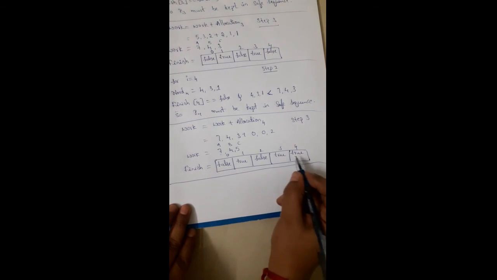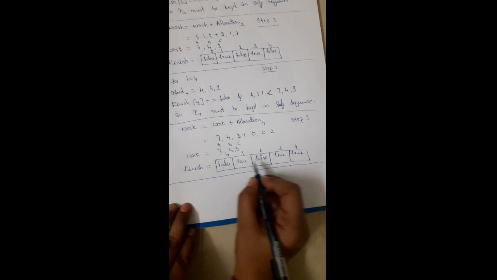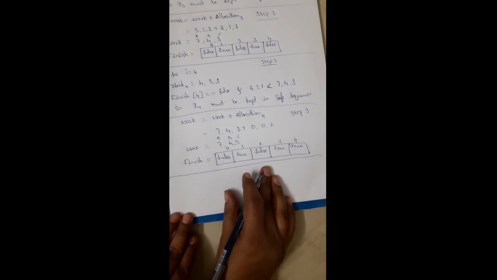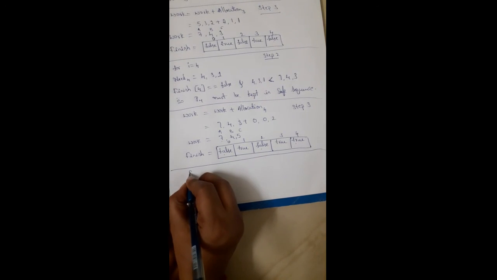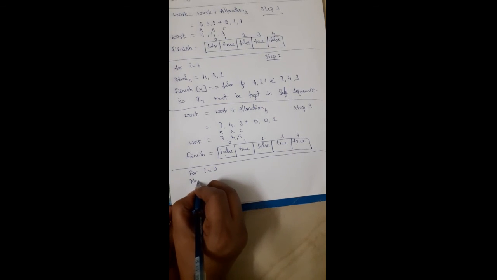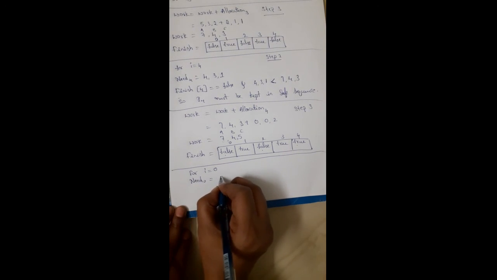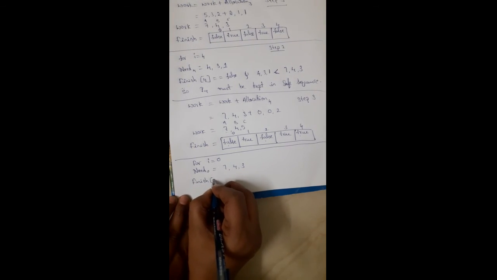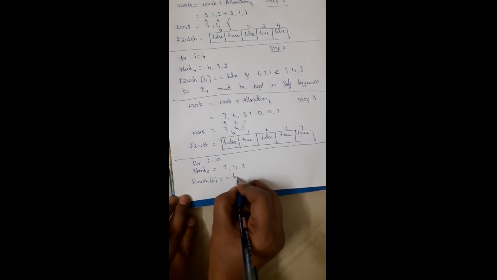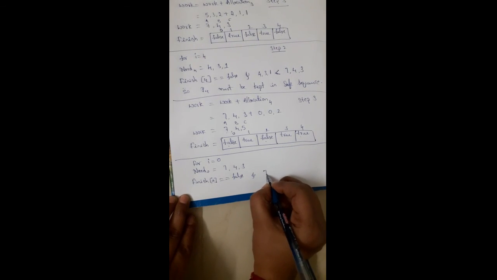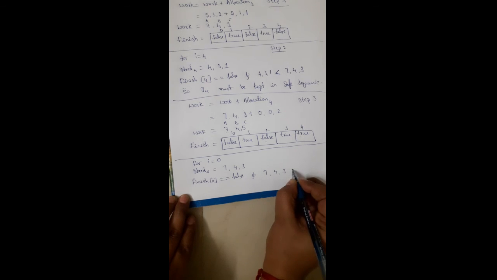Now looking at this array, you can find out P0 and P2, we have not assigned any resources to this, right? Again we'll start from there. For I is equal to 0, need is what? Need 0 is equal to next column. Okay, now finish of 0 is equal to false. Yes, it is, right? Then check need of it, that is 743. Is it lesser than work? What is work value?